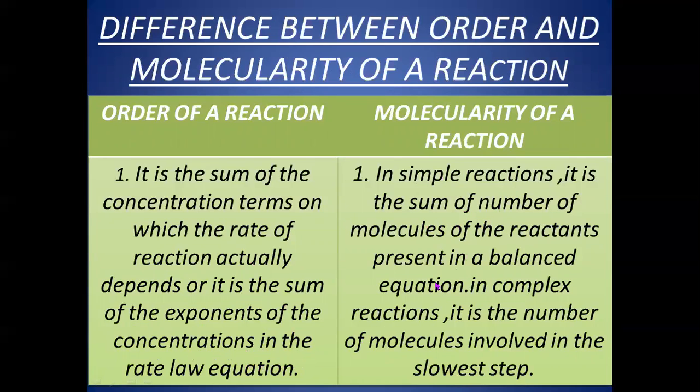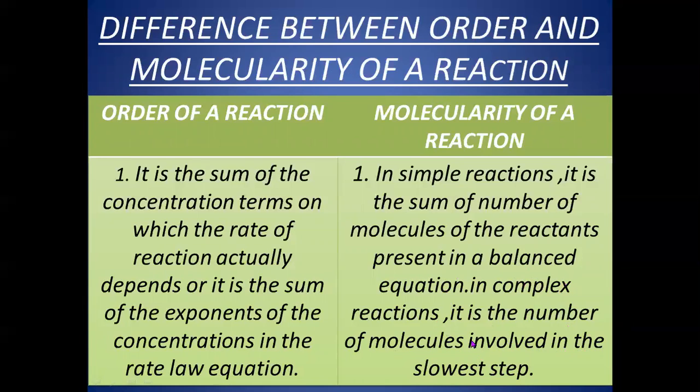And molecularity, in simple reactions, is the sum of the number of molecules of the reactants present in a balanced equation. In complex reactions, it is the number of molecules involved in the slowest step.